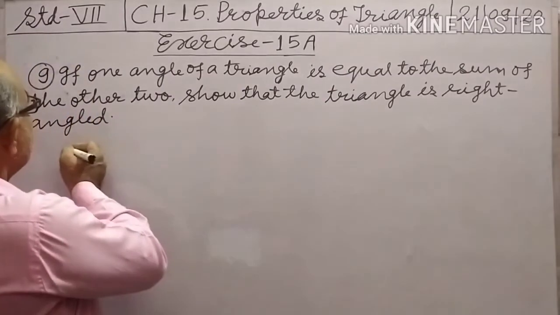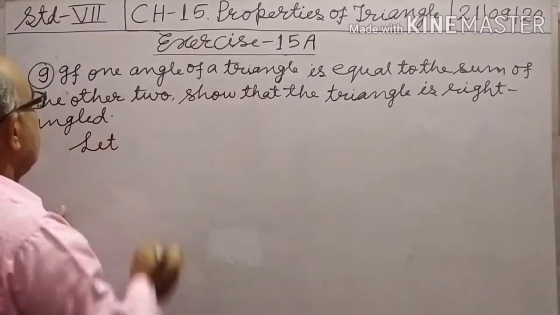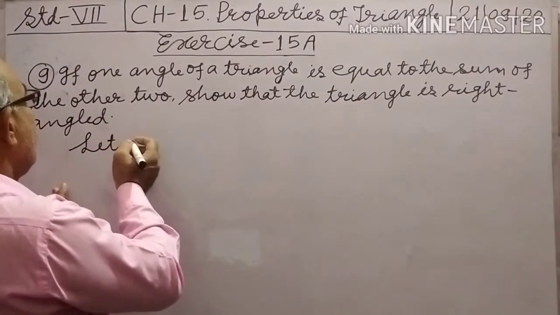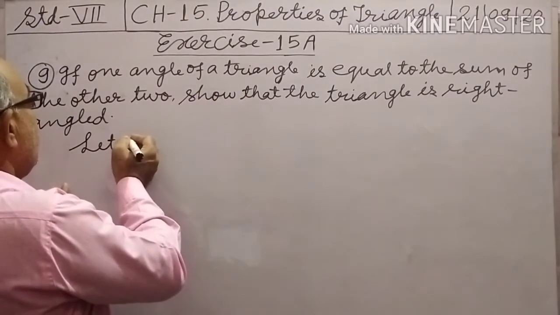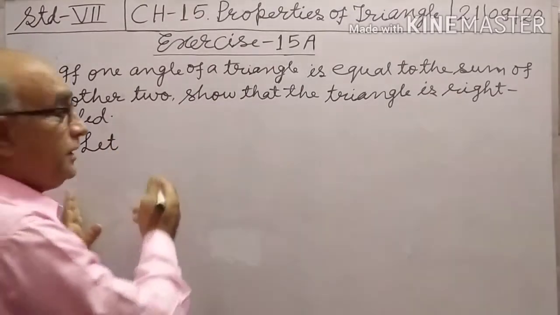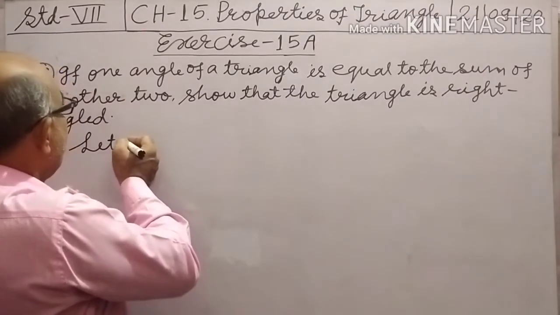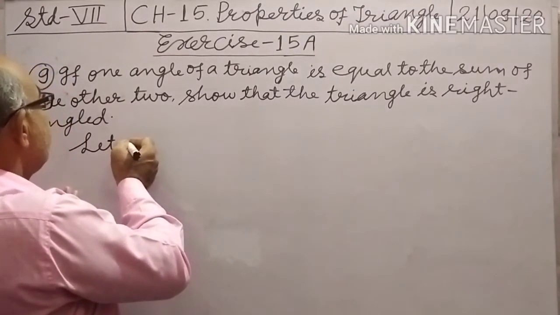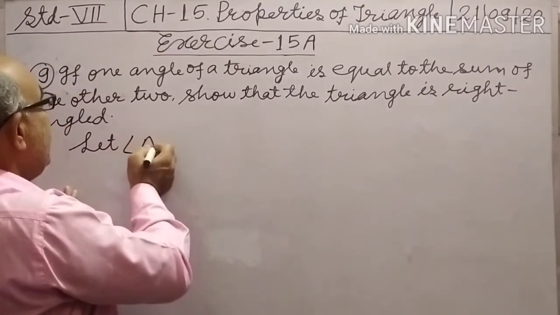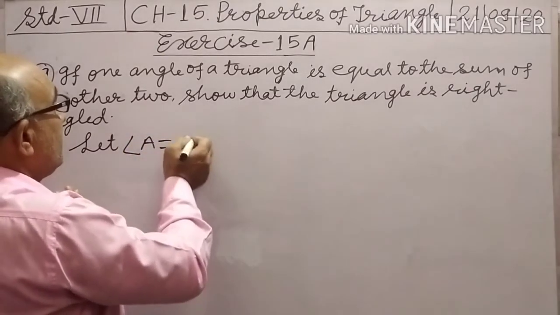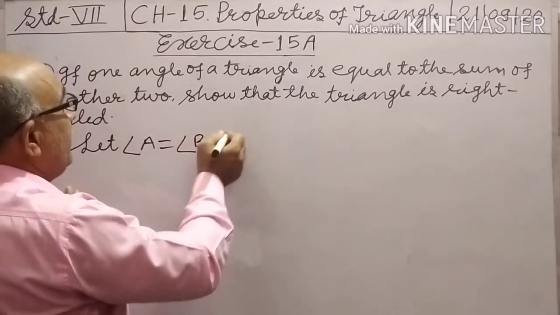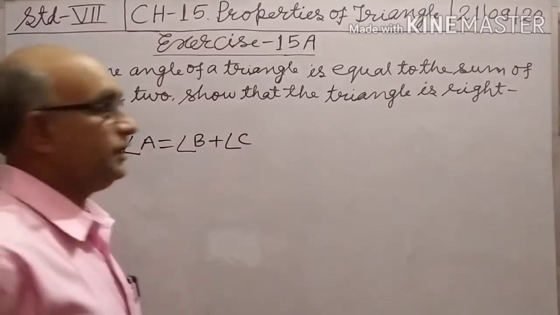So in triangle ABC, let angle A equal to angle B plus angle C.